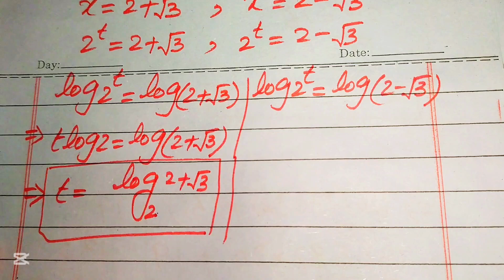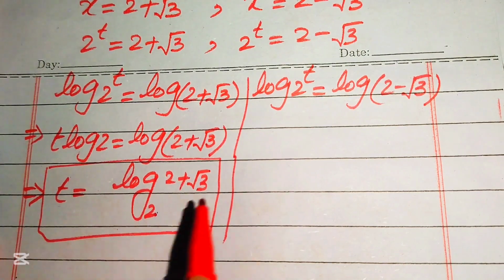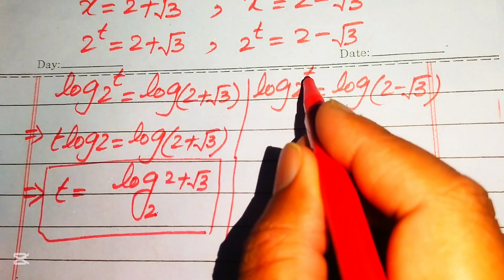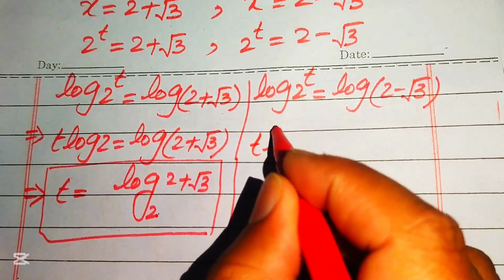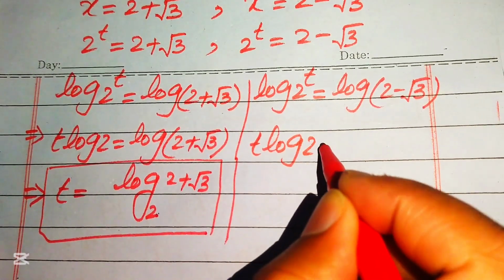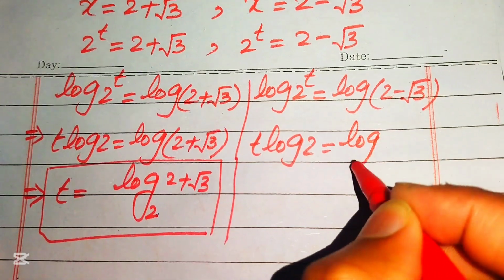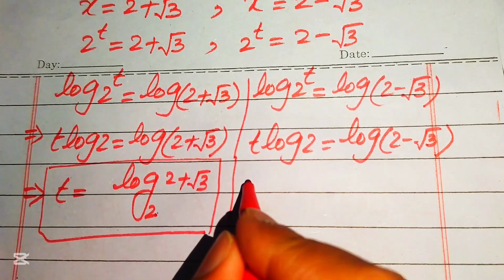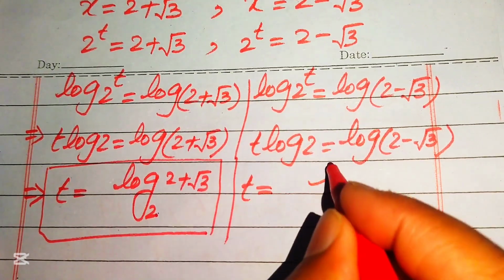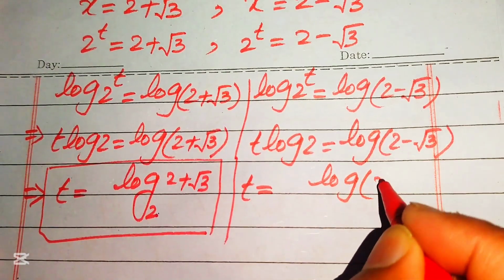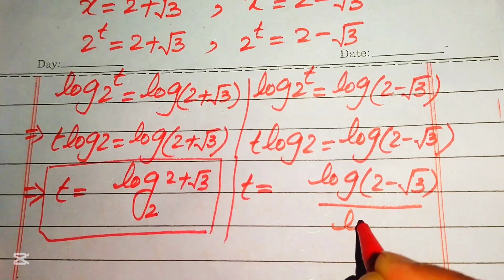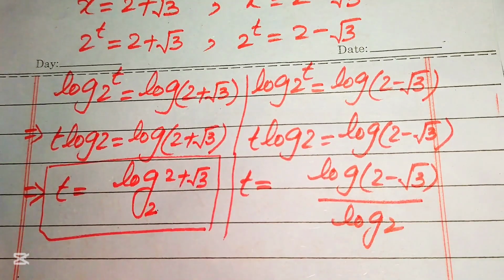And now, in order to find the other value, we need to move forward to solve this equation. Here we again move this t in front of the log, and it will be written as t times log 2 equals log of 2 minus square root of 3. So we move this log 2 to the right hand side, and it will be written as log of 2 minus square root of 3 divided by log of 2.